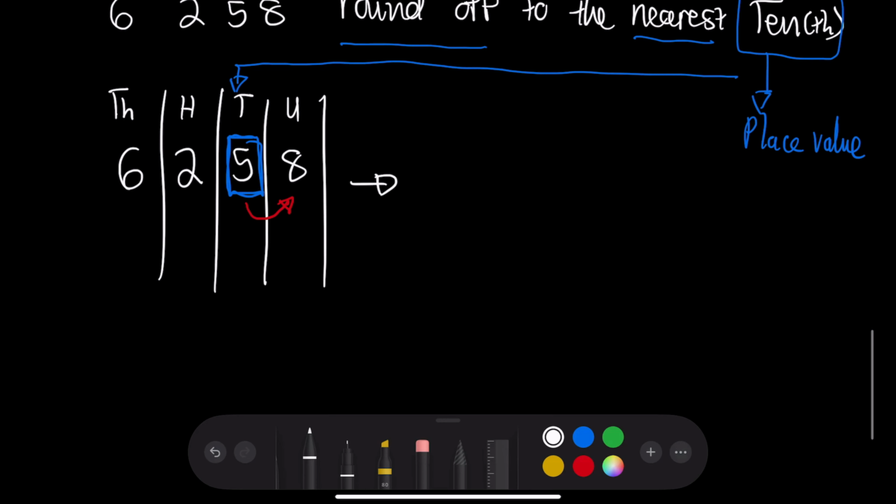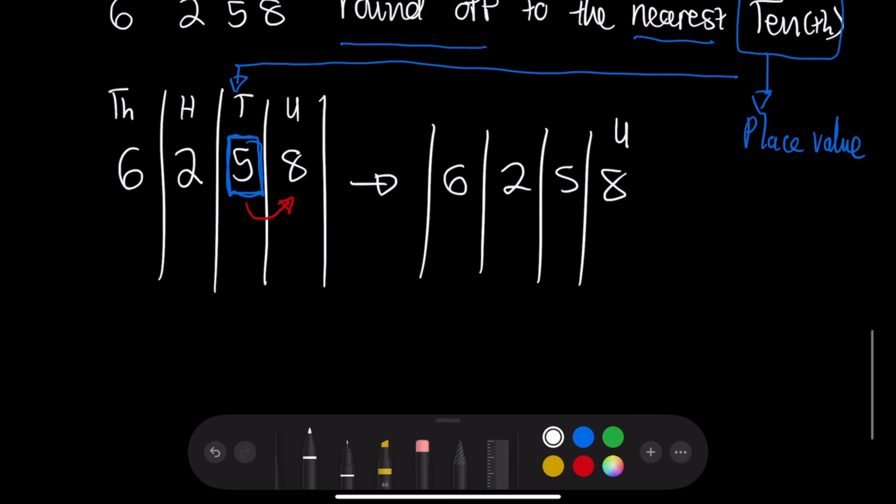I write 6, 2, 5, 8. This is units, tens, hundreds, thousands. It said I must increase the place value by 1, and then all digits to the right of my place value, I must replace by 0.